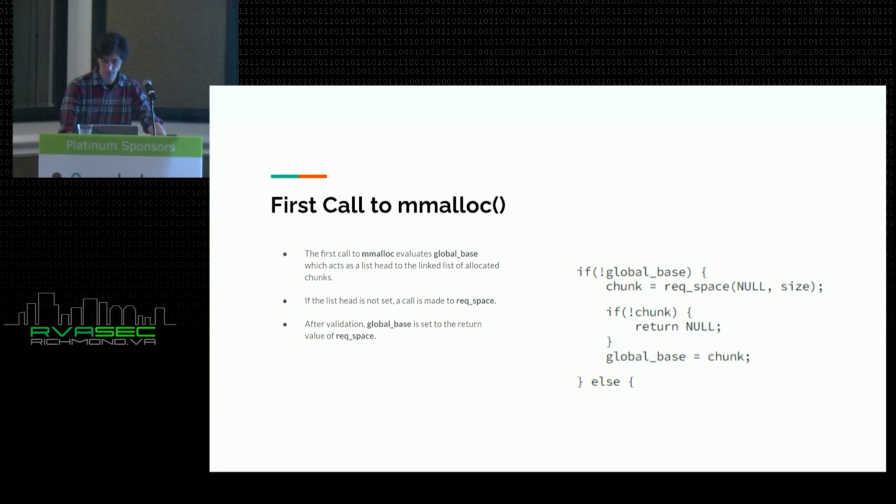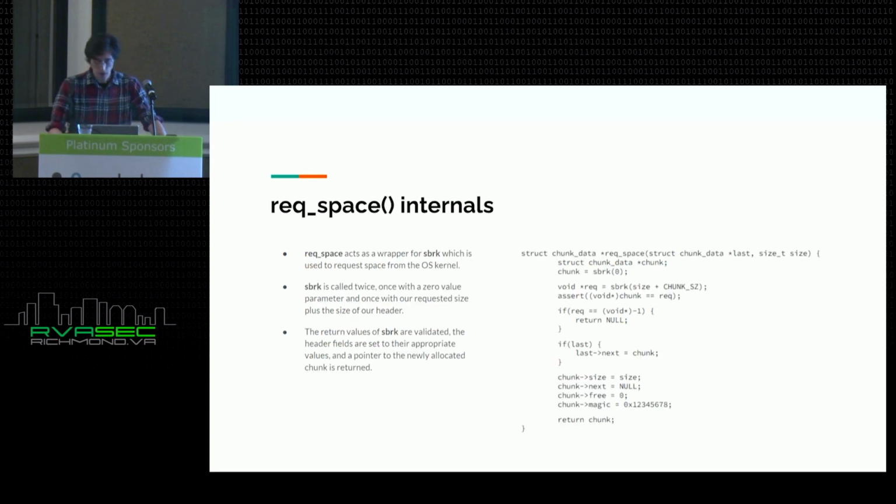Let's take a look at that rec space function. You can see here the entire function on the right is fairly simple. It really behaves as a wrapper to the sbrk system call.